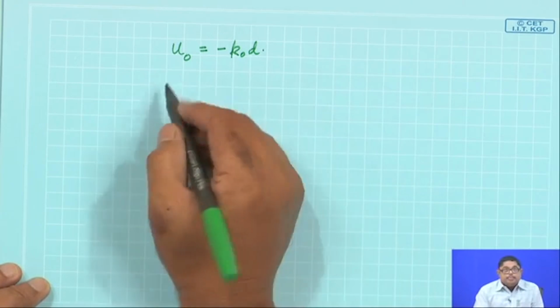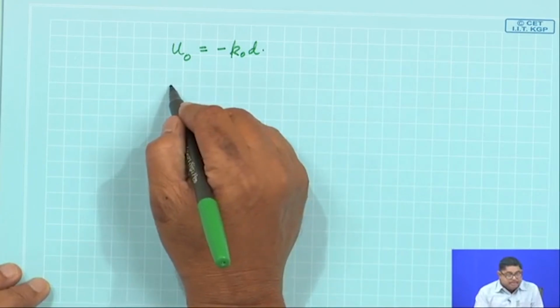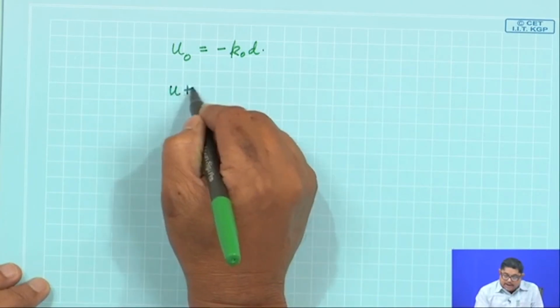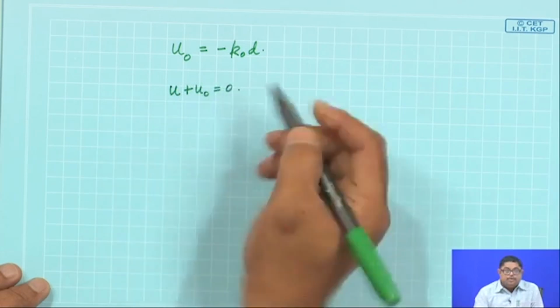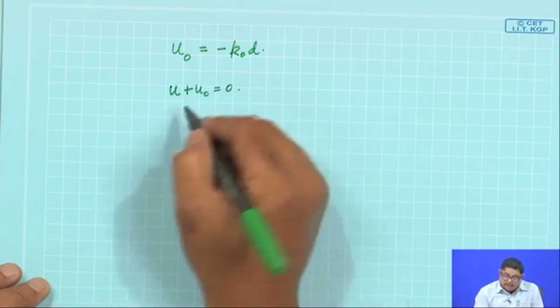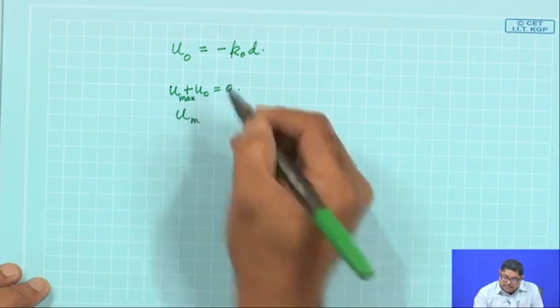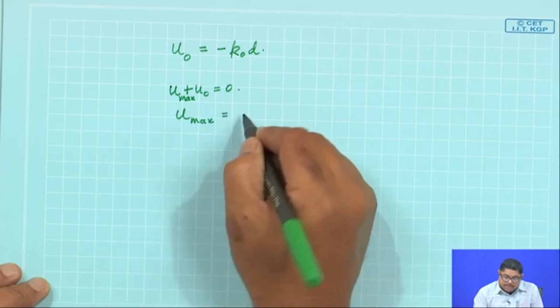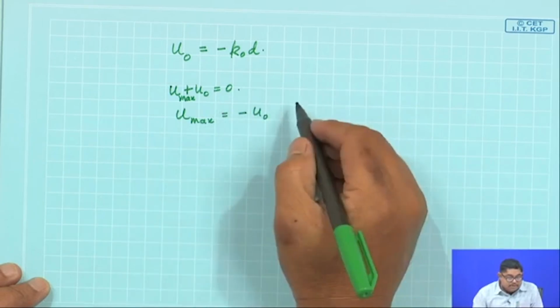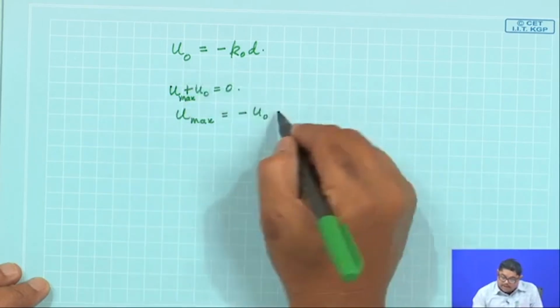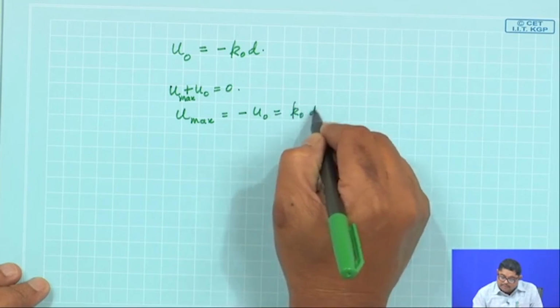So, always we know that the major lobe maximum occurs at u plus u naught equal to 0, this we get from the array factor. So, u max will now be at minus u naught, and what is minus u naught? That is k naught d.